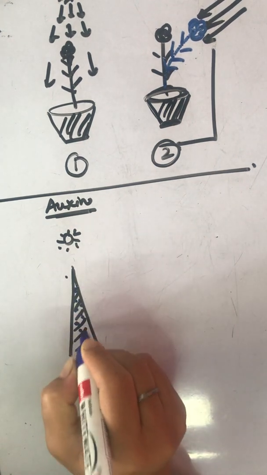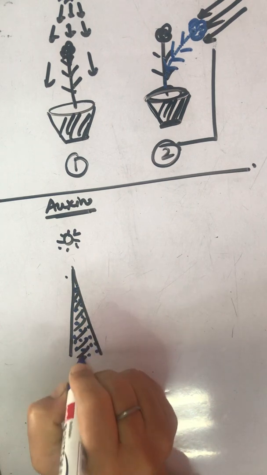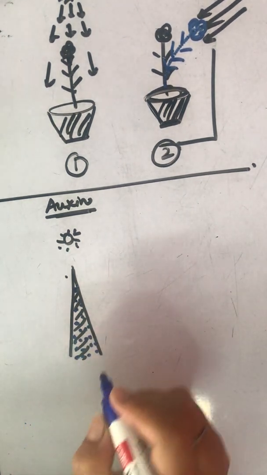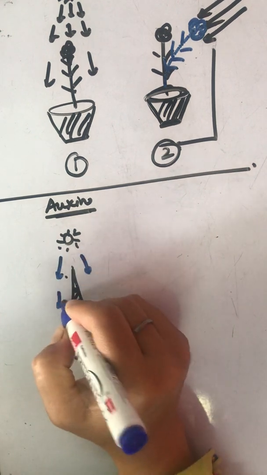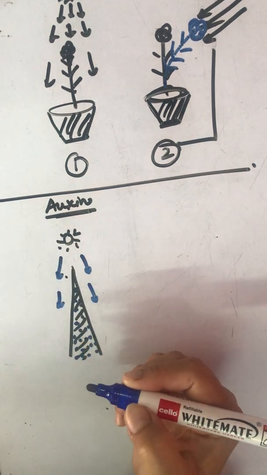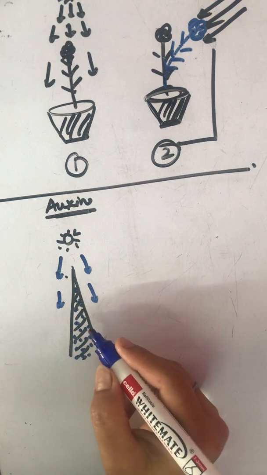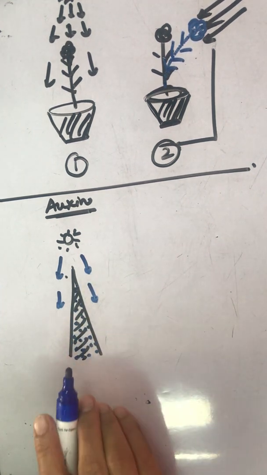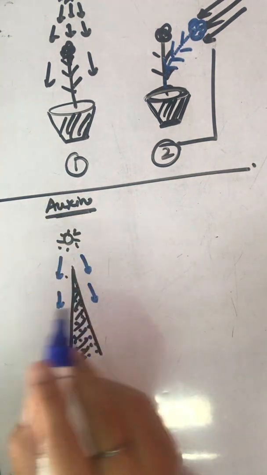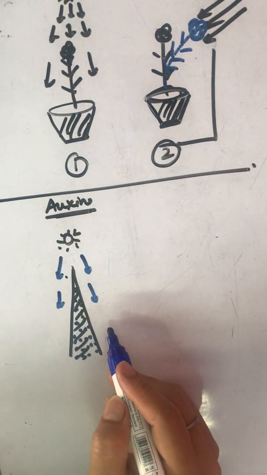Why? Because it was kept open in the sun and receiving sunlight from above. So during this time, this auxin is distributed equally in all the parts of the stem, and stem grows straight upward because both the sides have shown same growth pattern.